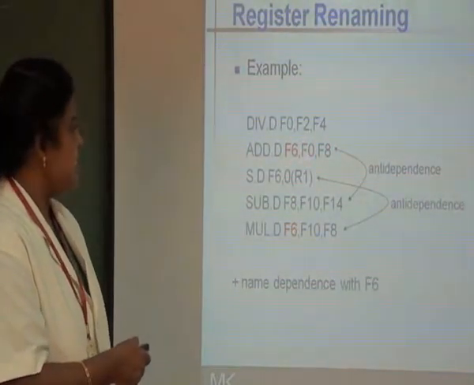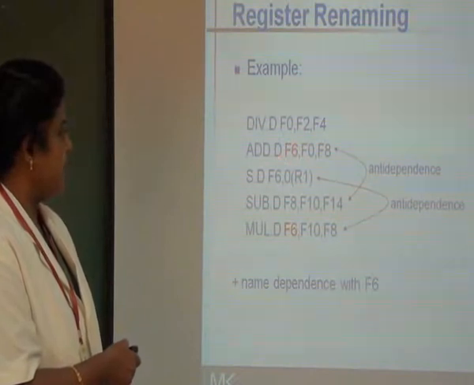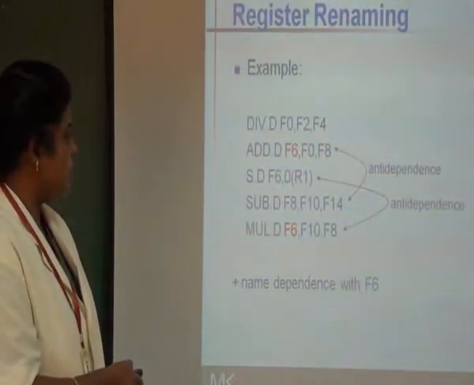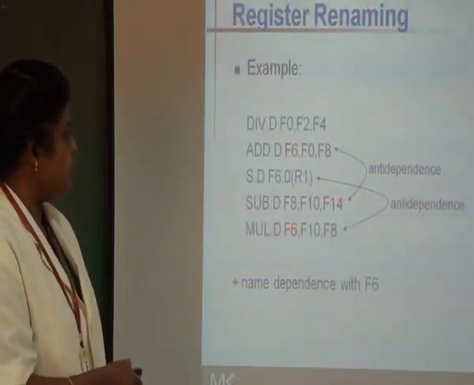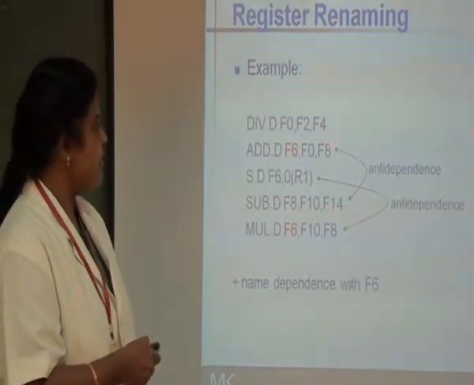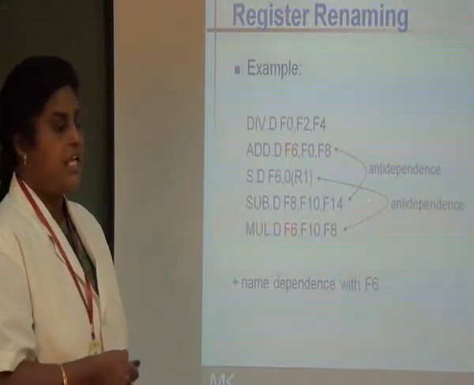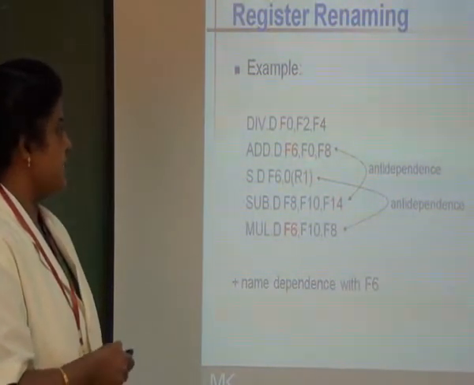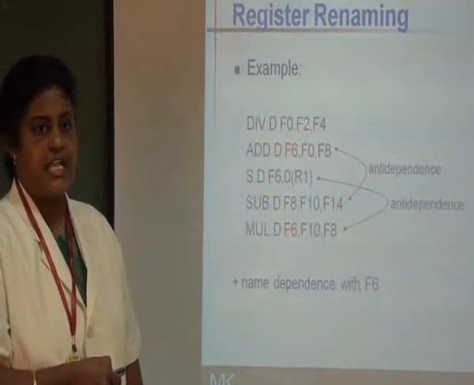And the same F6 value, F8 value is also used over here, and this is what is going to be anti-dependence. That is, we have an instruction I and instruction J, and instruction J needs the result of this particular instruction I.